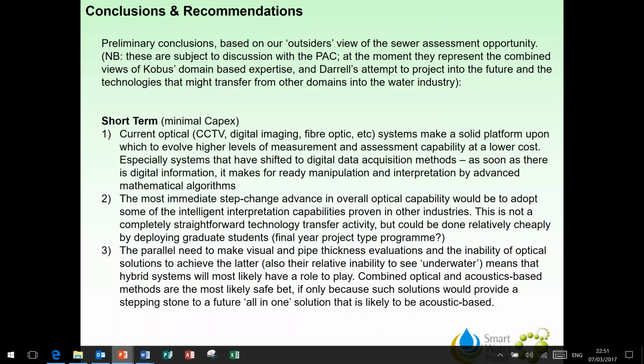So, last couple of slides from me. What we ended up with was basically two lots of conclusions. The short-term ones were basically the panorama and the evolution of that. I think the optical was going to be around for quite a while, but has lots of potential for being advanced.